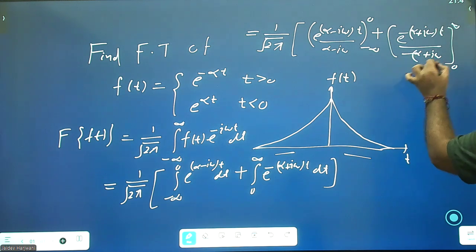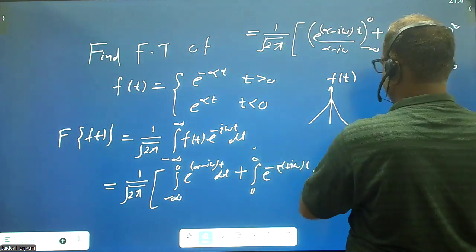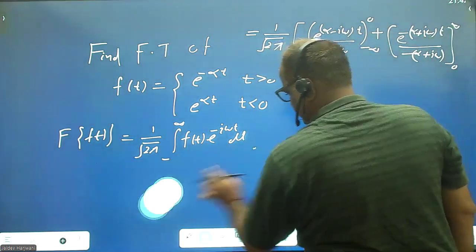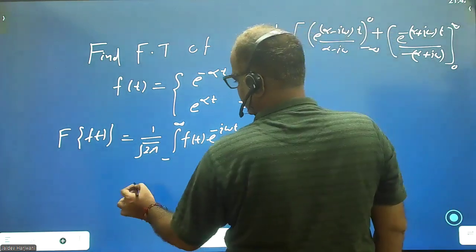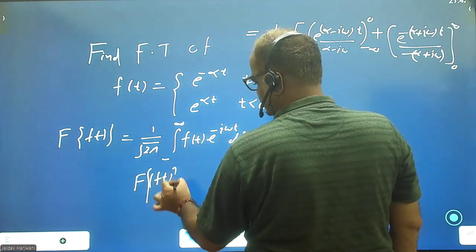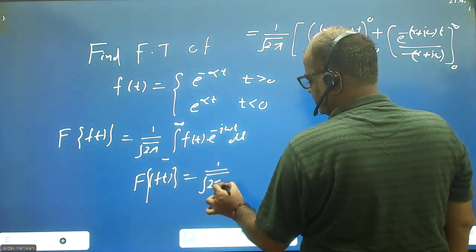Let us solve this one. If you put the limit, my Fourier transform of f(t) will be 1 upon root 2 pi.